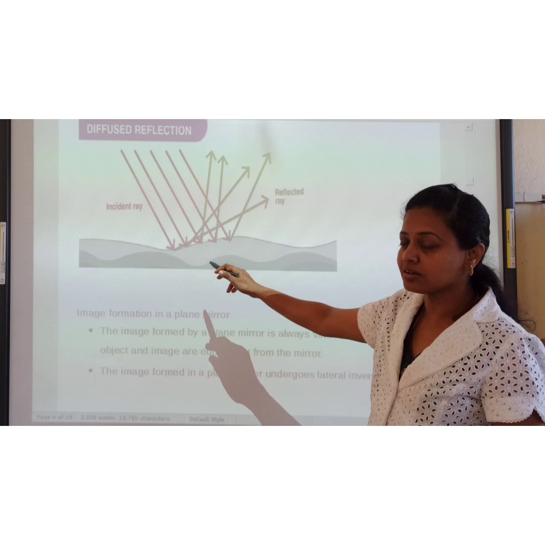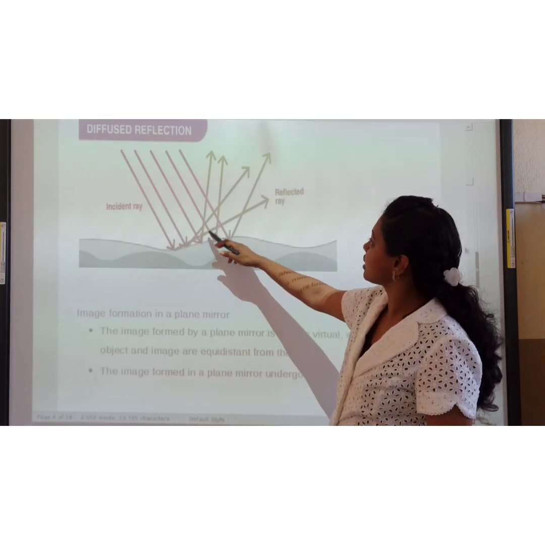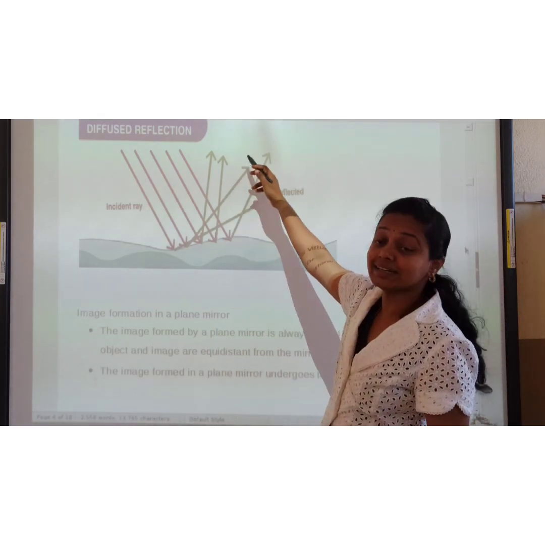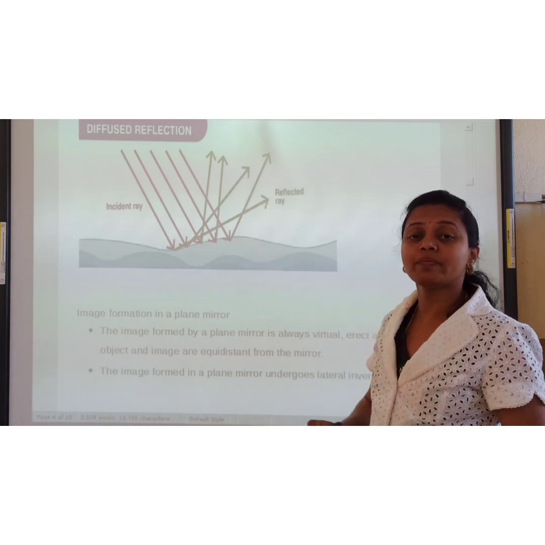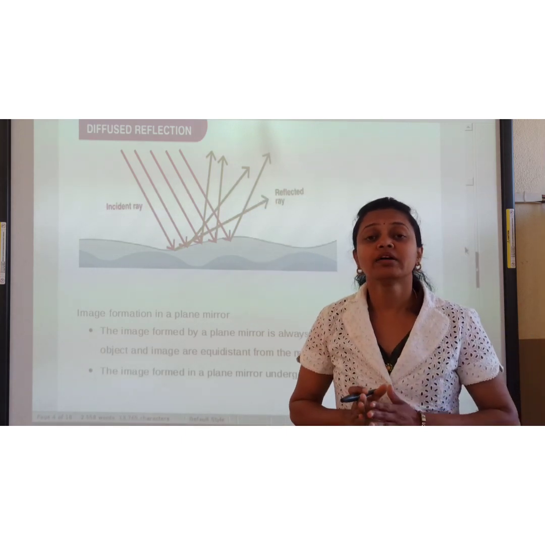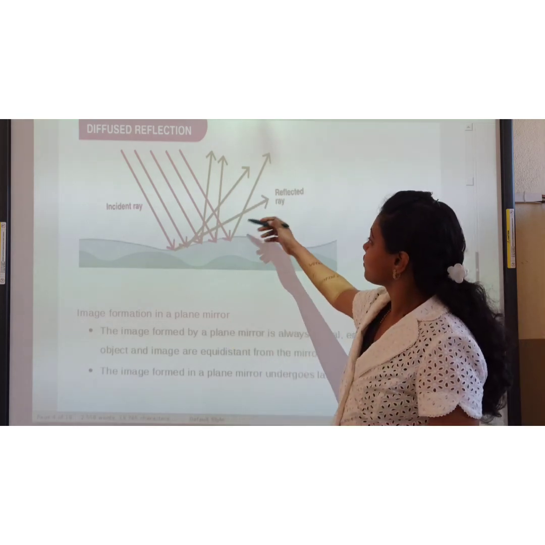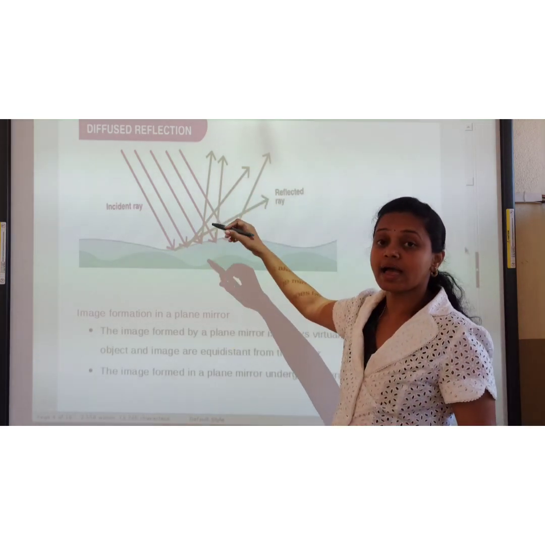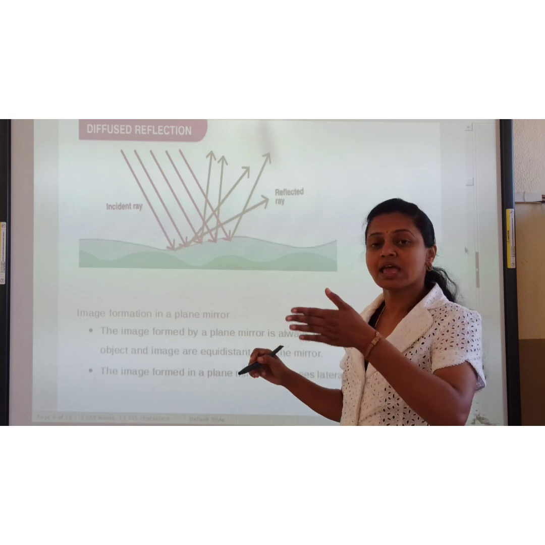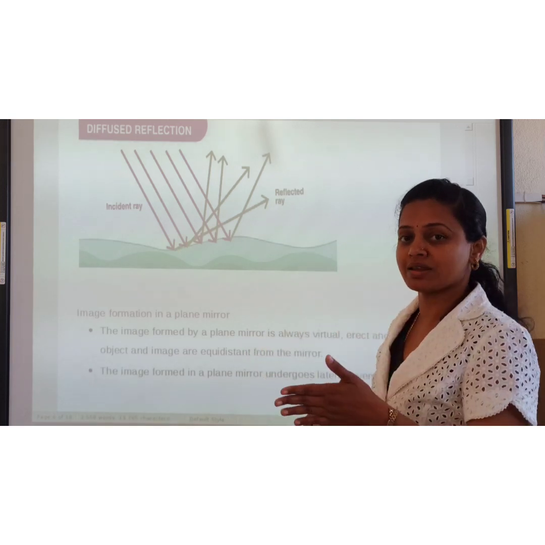It is not a mirror, and look at the reflected rays. They will be unevenly spread. They spread in all the angles. So the reflected rays are not as shown in the previous image, that is in the plane mirror.